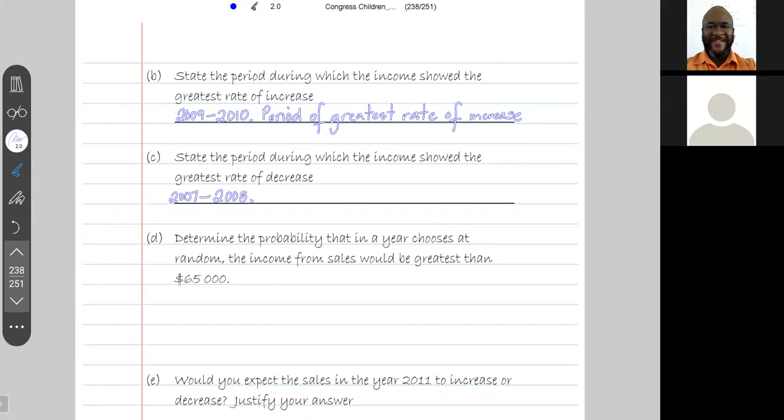This is the period of greatest rate of decrease.